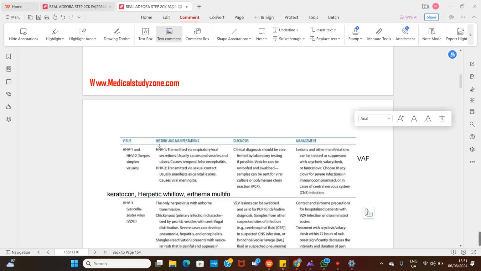What are the other manifestations that can happen from human herpes virus type 1? They can also lead to keratoconjunctivitis, right? The child affected by this infection dips the hands into the mouth, and from there inoculates the eyes, rubbing the hand on the eyes.